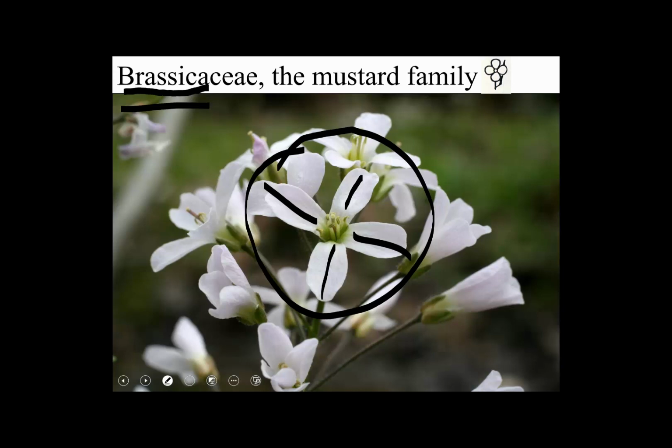Nothing can be arranged spirally with that sort of configuration. But there's not a lot of other modifications. We don't see fusion of parts much, and we don't see any weird symmetry.